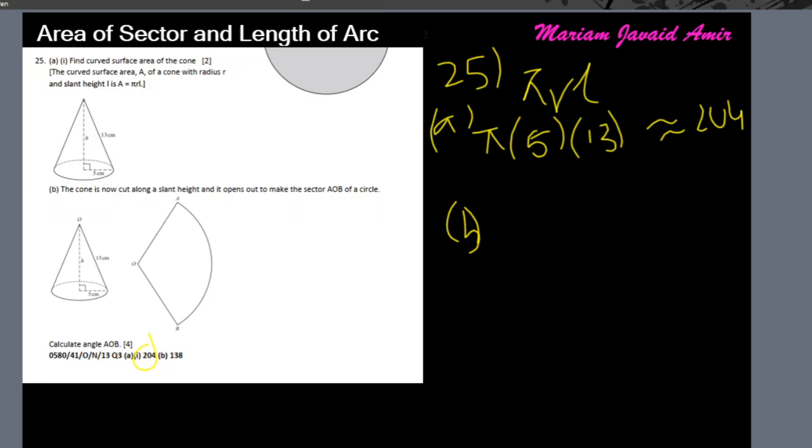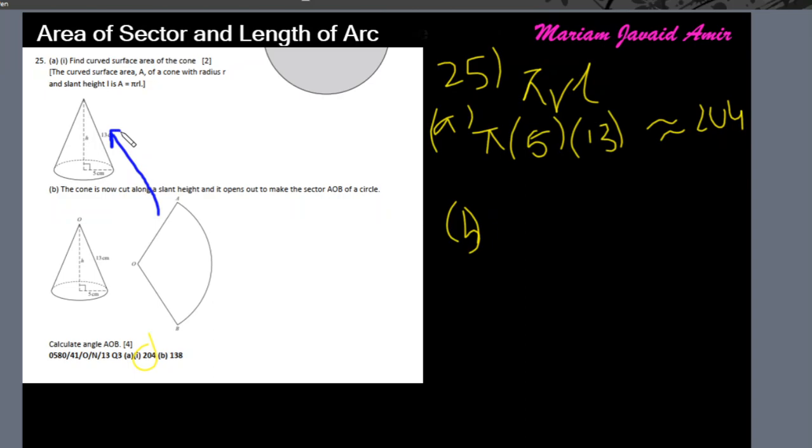Okay, so this side will be cut to change the cone into a sector, so this will become 13, and this circle will open. In fact, what we can do is simply use the fact that the area of this sector will be equal to area of this cone.